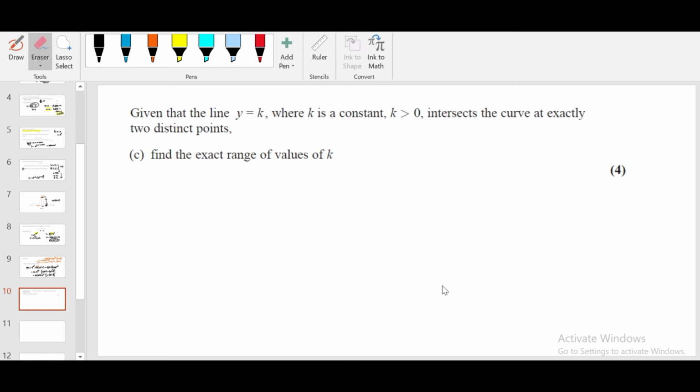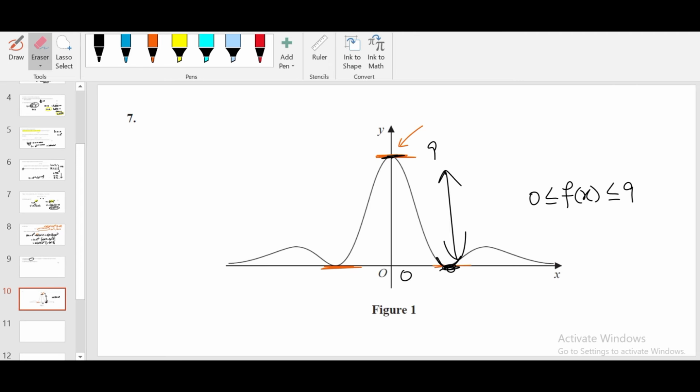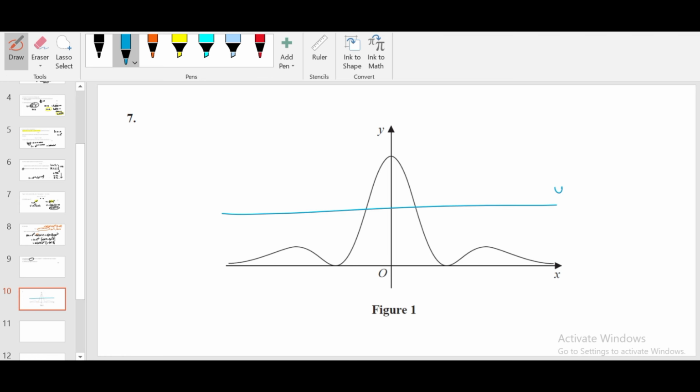That's all. The next part says, given that line y is equal to k, intersect the curve at 2 points. Okay, I'm going to take the curve here. This is the curve. So you need to draw a line y is equal to k, which is going to be parallel to x-axis. But you need to draw a line in such a way that the line intersect the curve at 2 points.